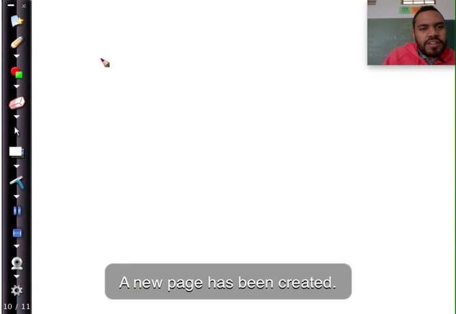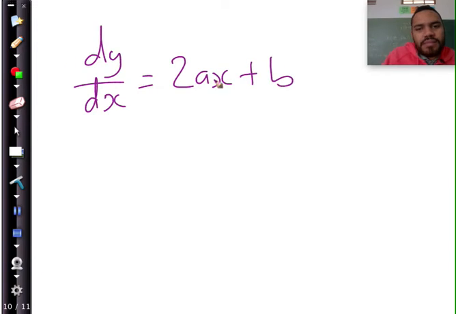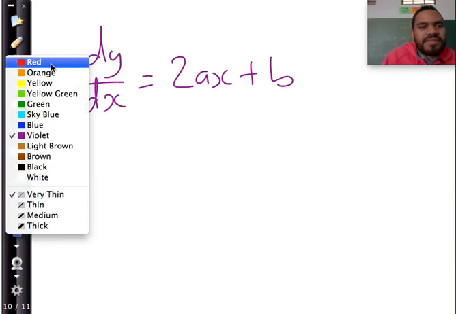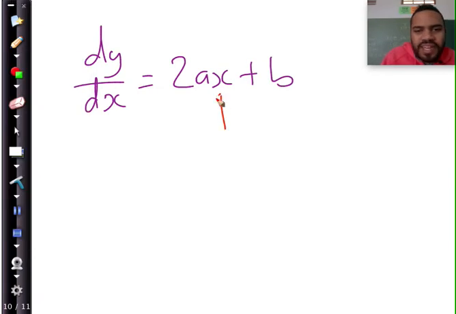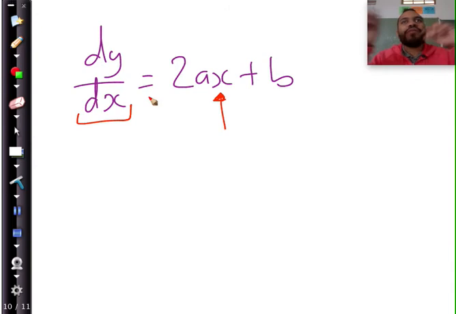dy by dx, that's just the name now, is equal to 2ax plus b. This thing is a function. In other words, you throw in an x value and you'll get out a derivative value. You'll get out the gradient. You'll get out what? The gradient. But I have a question for you.